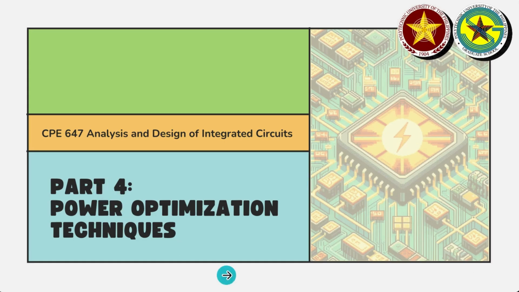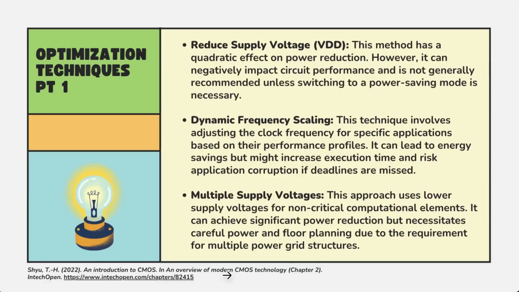The first one is reduce the supply voltage. This method has a quadratic effect on power reduction. However, it negatively impacts circuit performance and is not generally recommended unless switching to power saving mode is necessary.